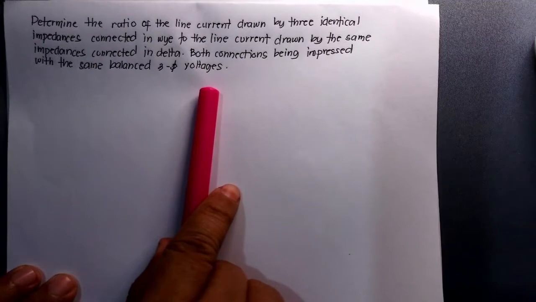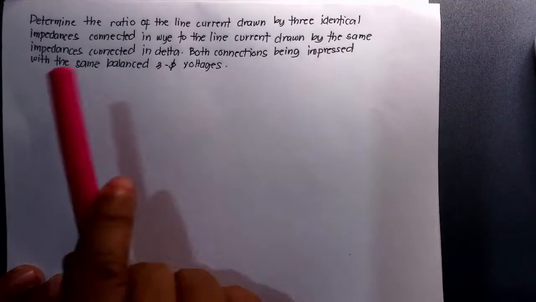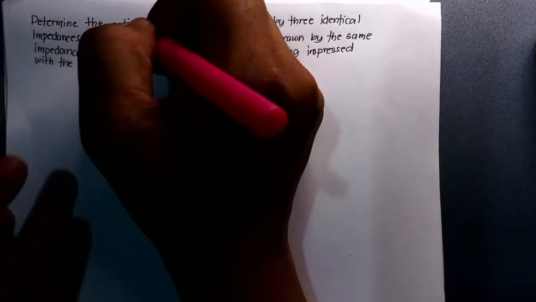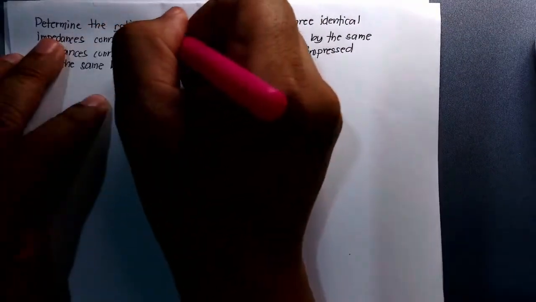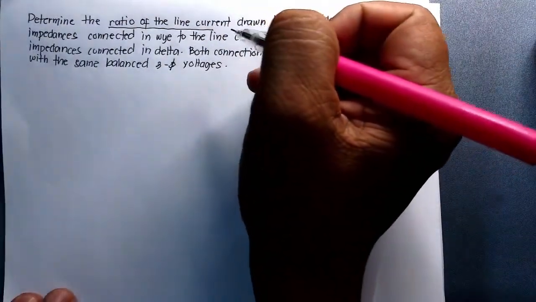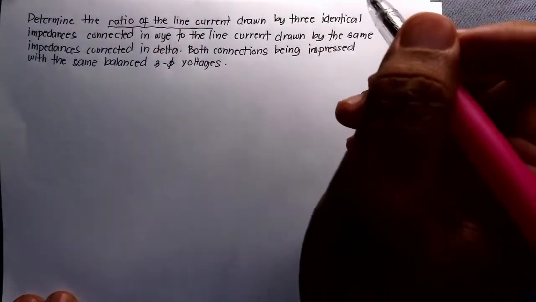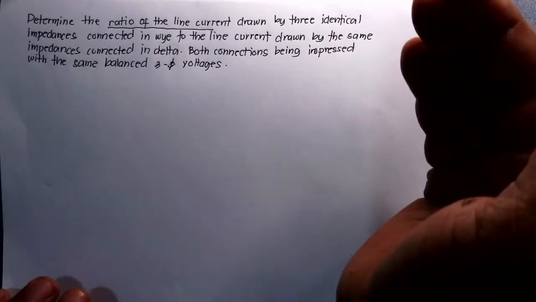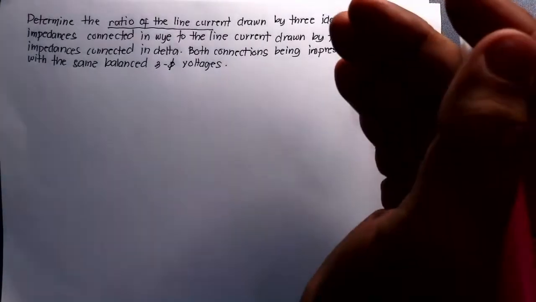Okay, so it's just a matter of finding or determining the ratio of the line current when you have these three identical impedances connected in Y or in delta.